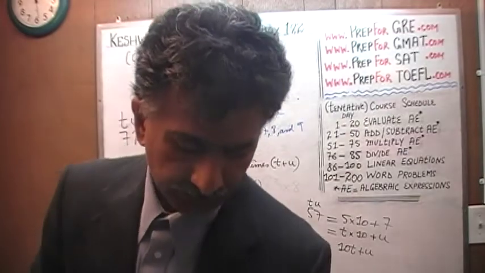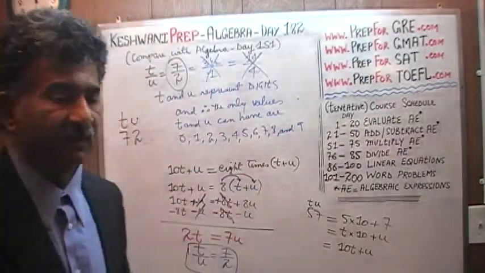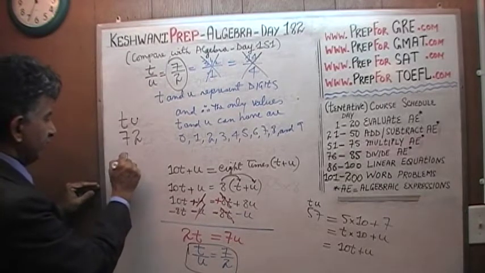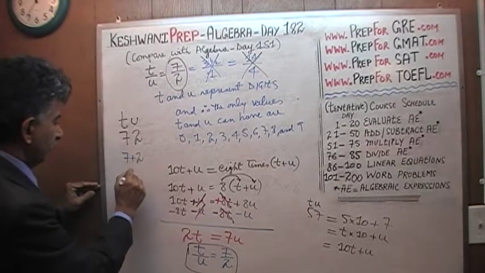We're going to verify that by going back to our problem and see if it actually makes sense. What's the sum of the digits here? The sum of the digits here is 7 plus 2, which is 9.